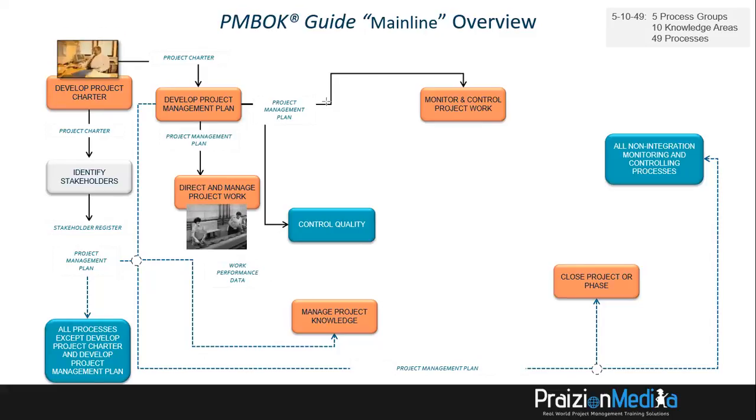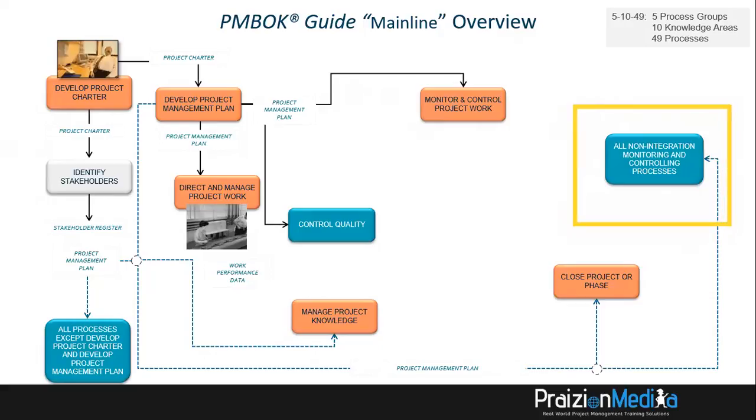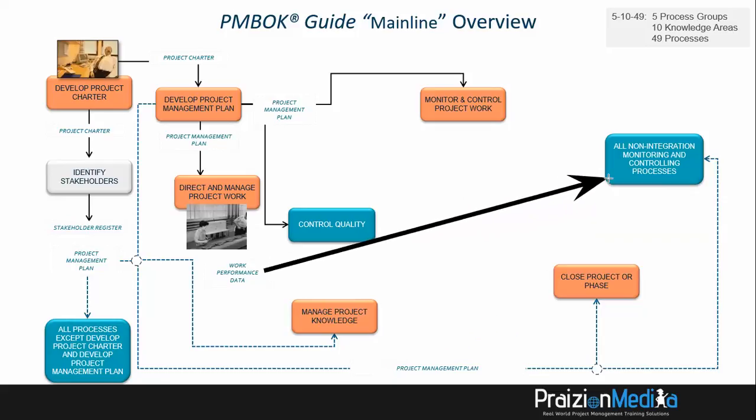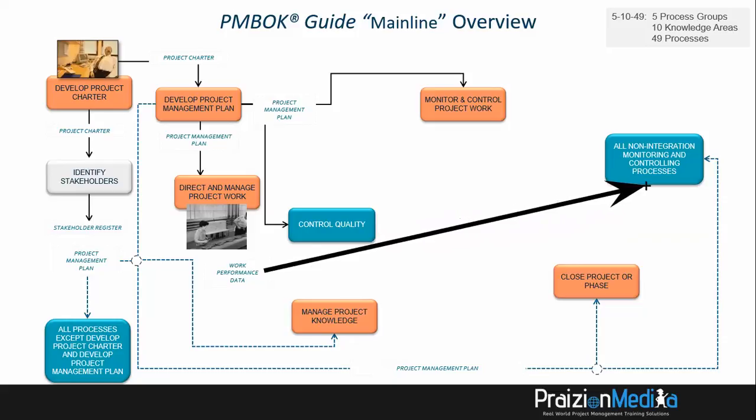So think about it like this. Right here on the far right side of the screen, I want you to think about work performance data going into all of those processes, every single one. Let's do that again. All of the processes outside of integration will take work performance data and use it as an input to them.